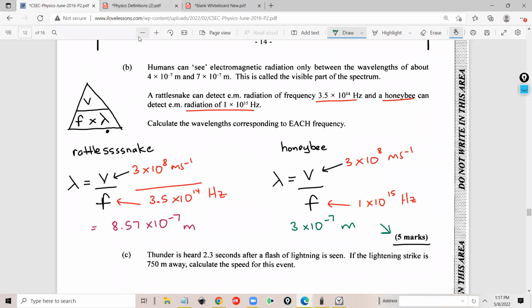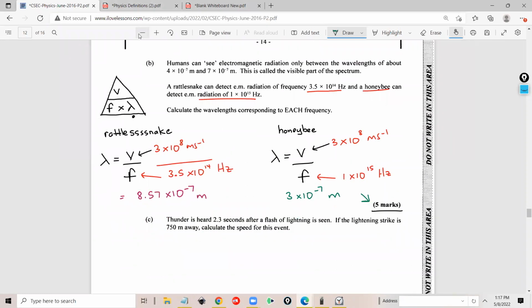Anyway, part C, do not overthink it. Remember, when you see lightning, that's the light moving. Light is so much faster than sound, like so much faster. That's why you see the lightning first, and then hear it, better known as what? Thunder.